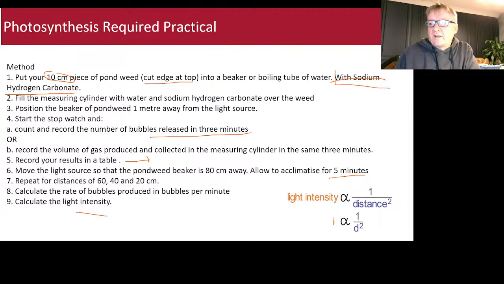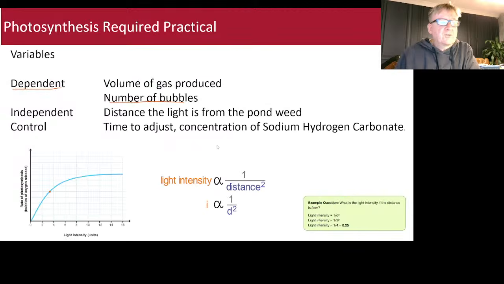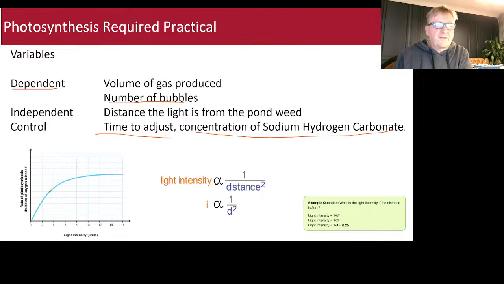Acclimatize for 5 minutes. Standard, it goes 80, 60, 40, 20. The gap between each one is 20 centimeters. So for your control variables, look for numbers: time to acclimatize, concentration, length of the pondweed, any numbers that you've got.